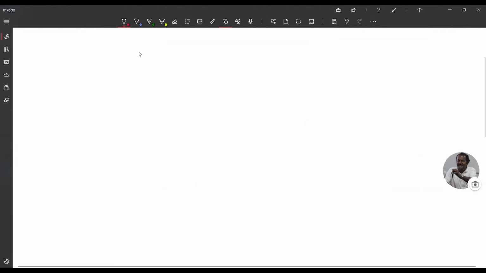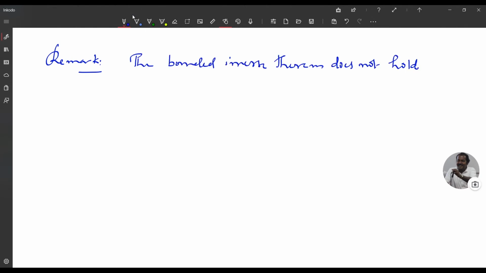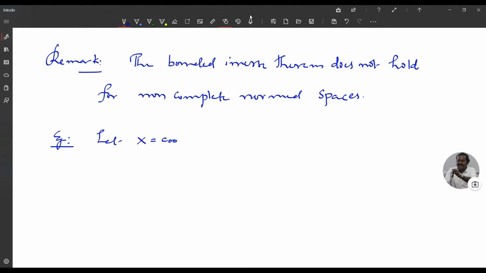Now we write a remark. The bounded inverse theorem does not hold for non-complete normed spaces. For example, let X be c00 with the 1-norm and Y be c00 with the sup norm.